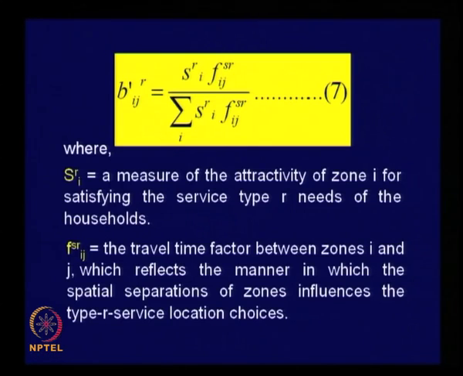If there is some error here, then there will be error reflected in the value of B dash Ij r, which in turn will reflect in the value of B, and finally we will be in trouble while checking the correctness of the prediction of the distribution of population and service employment.